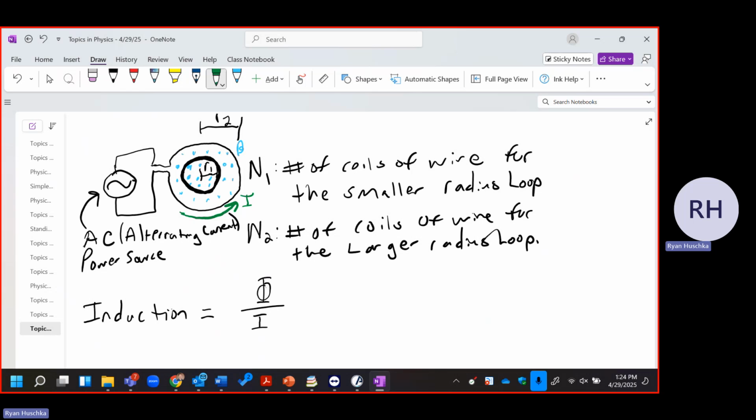In other words, if we were to draw it maybe in a different color, on the inside of our circle we would have maybe some X's. And what those X's would represent would be the magnetic field created from the induced current on that inner ring.